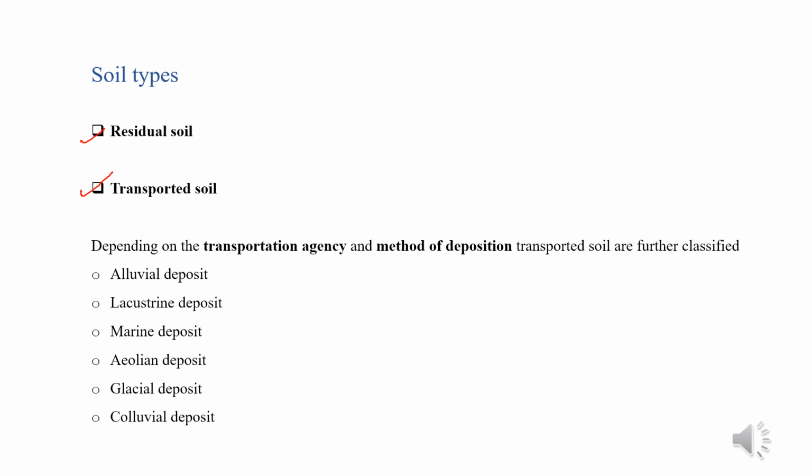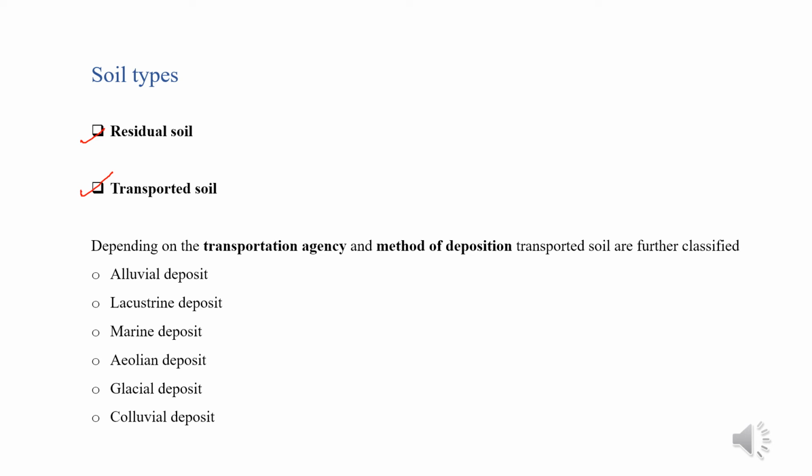While rock particles or weathered particles or the unconsolidated materials formed that are transported far away from the place of origin by different agencies of transportation like wind, water or ice, and redeposited at other places, we call it a transported soil, right?